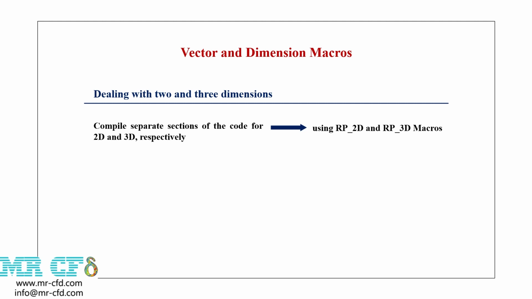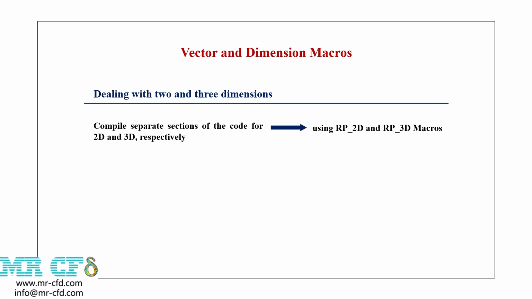In general, the UDF program can be used for 2 or 3 dimensional solutions. Therefore, there are 2 methods in the UDF program to work with expressions that can be 2 or 3 dimensional. In the first method, we use an explicit method to divide program expressions into 2-dimensional and 3-dimensional parts. That is, separate code sections are compiled for 2-dimensional and 3-dimensional states.